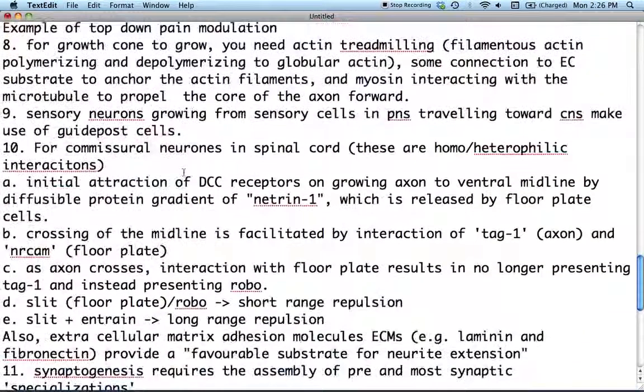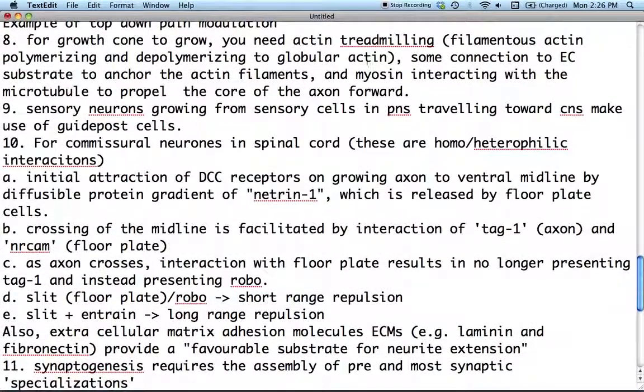Okay, so what do you need for a growth cone to get growing? You've got a neuron cell body, and there's an axon that's starting to come off of it. It's budding and it needs to get somewhere if it's going to transfer information. So you've got actin treadmilling happening inside of the axon growth area. This involves filamentous actin polymerizing, depolymerizing to globular actin, so F-actin and G-actin.